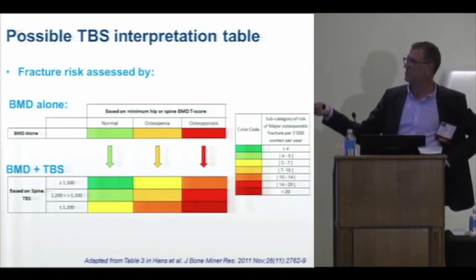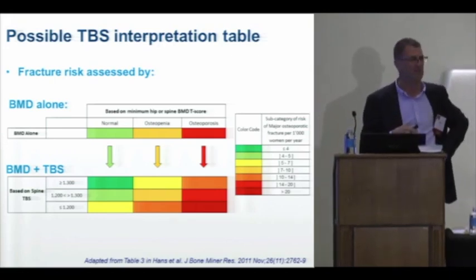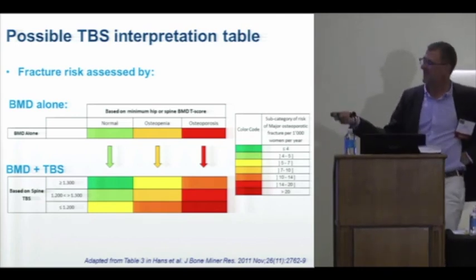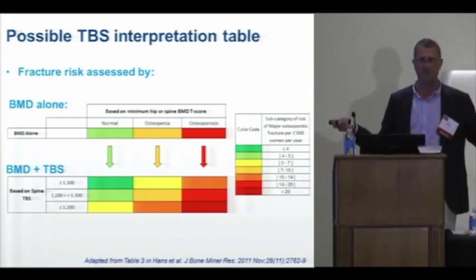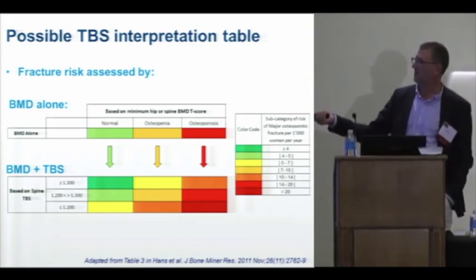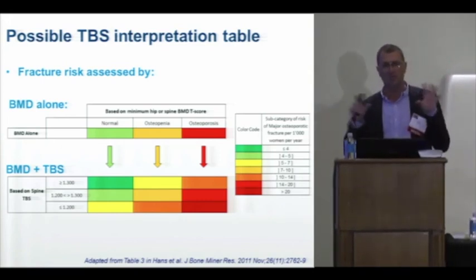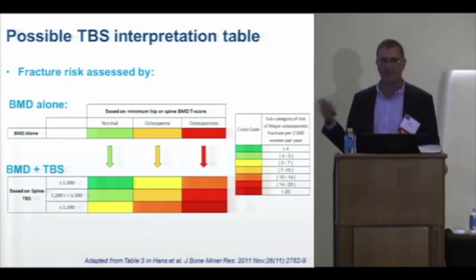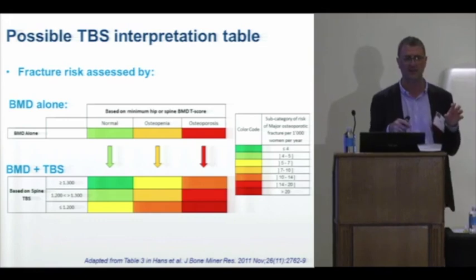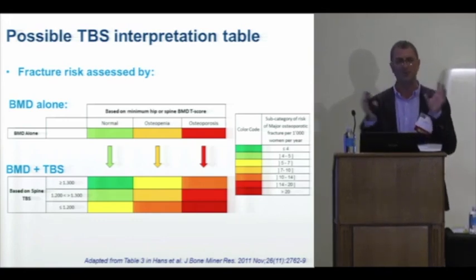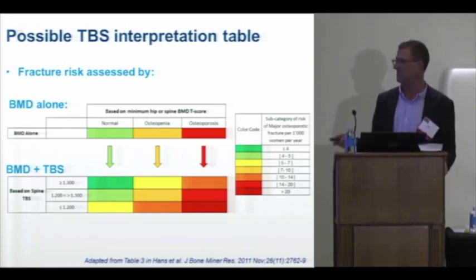Now, if you do that and you split after you have done the BMD, you do the TBS. Then, depending on the TBS value, according to the threshold I gave you just before, you will end up with a color map that will give you a sense of the level of risk of your patient, and will fine-tune that level of risk somehow.